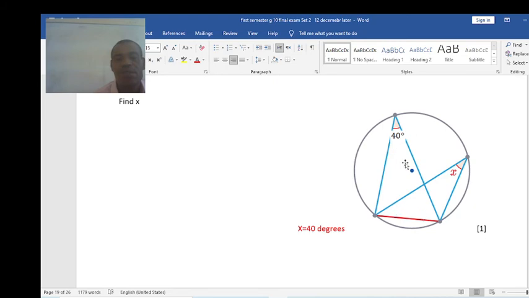For this one, 40 is half of 80, and also this angle at the circumference is half of 80 degrees. So X should be equal to 40.